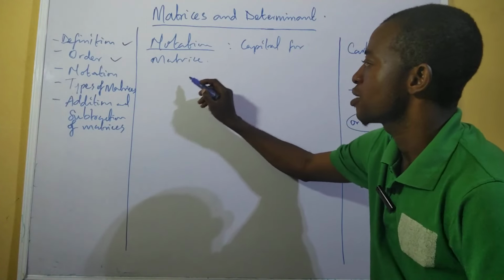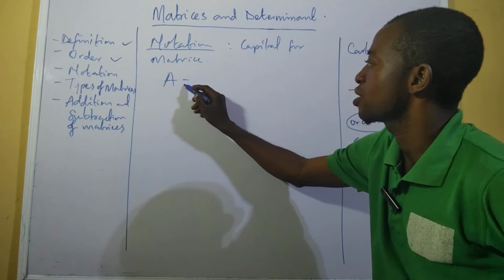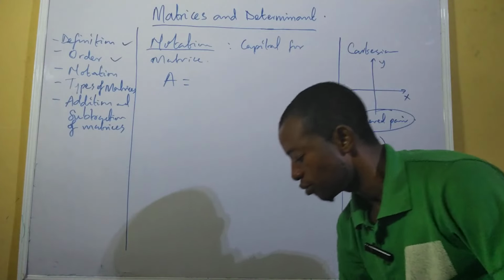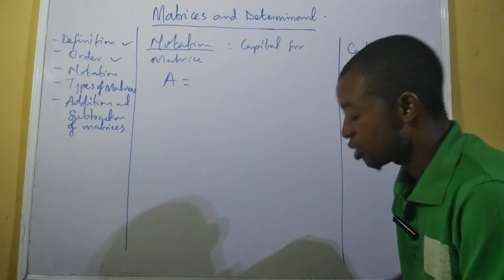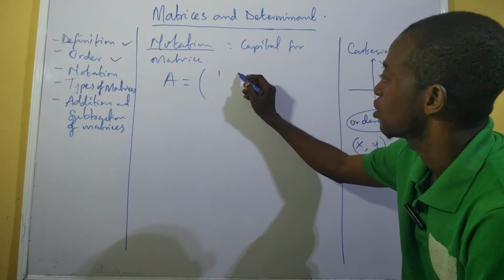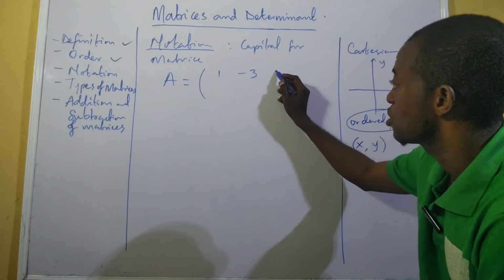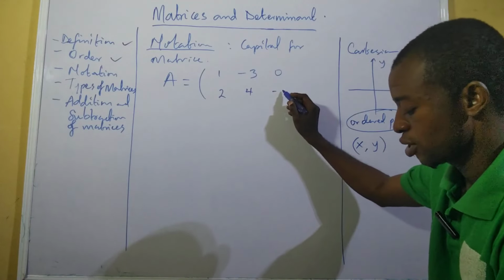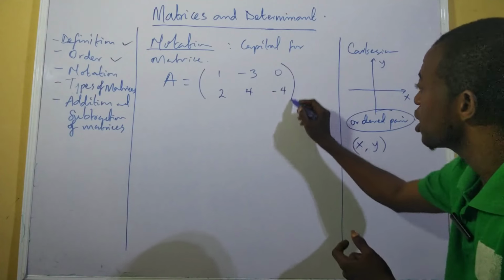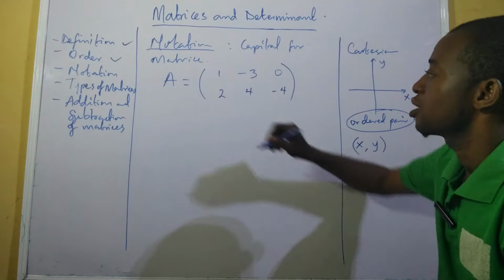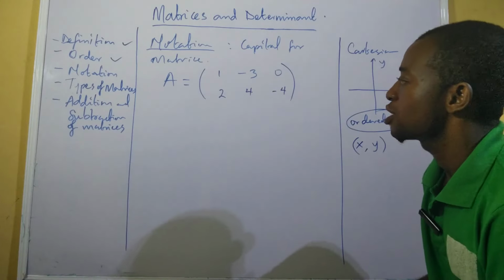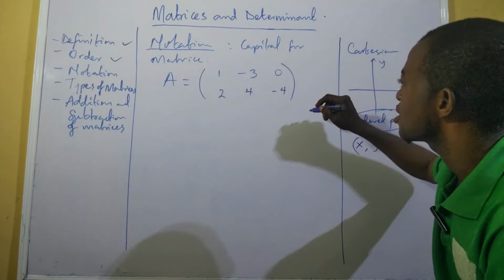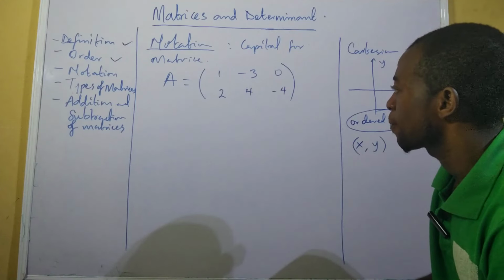For instance, if I want to label a matrix, I have matrix A, and we have 1, minus 3, 0, 2, 4, minus 4. Now in this matrix, the notation for the matrix is a capital letter, and the elements inside it are denoted with small letters.